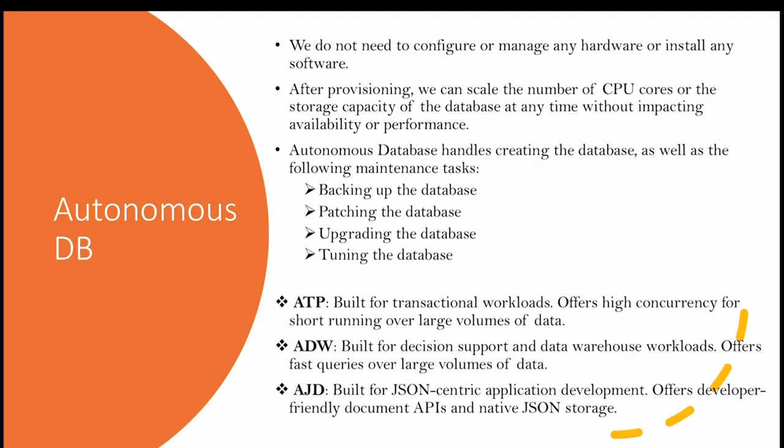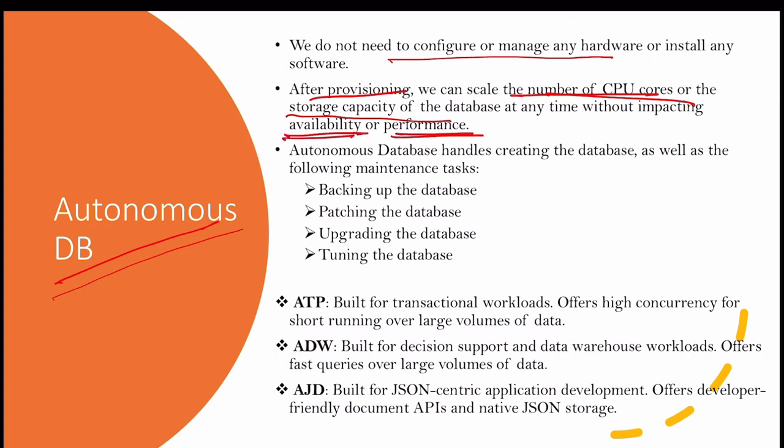Let's understand the autonomous DB in a little more detail because it is very important. As I mentioned, we do not need to configure and manage any hardware or install any software because it is a fully managed service. After provisioning, we can scale the number of CPU cores or the storage capacity of the database at any time without impacting availability or performance. While the instance is running, we can increase the number of CPU cores and the storage capacity of the database.